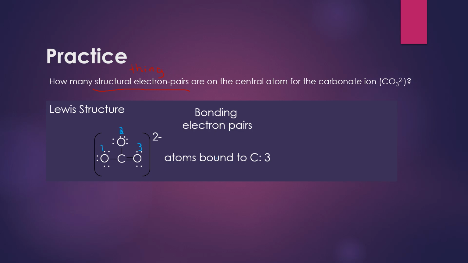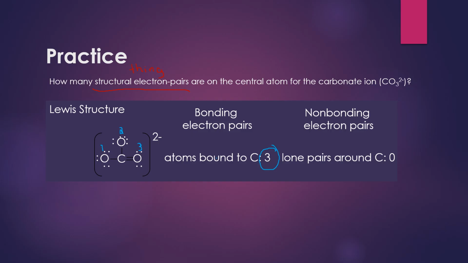It wouldn't matter if one of those bonds were a triple bond, okay? It's just how many atoms are around it, regardless of the bond type. So 3 is the answer to that one. Now, are there any lone pairs on the central atom? Meaning non-bonding electron pairs. No, there are not. There's 0. So the answer to the question would be total of 3.